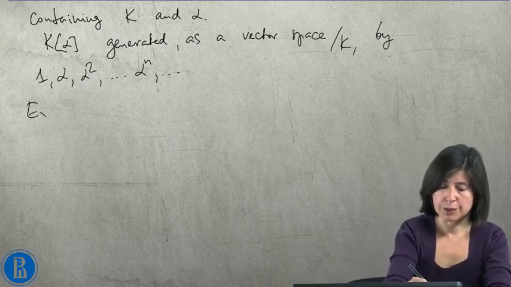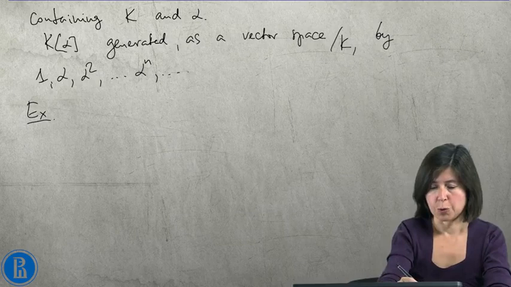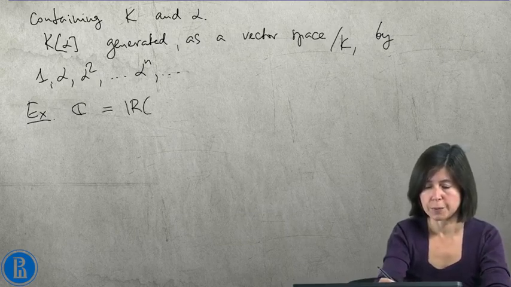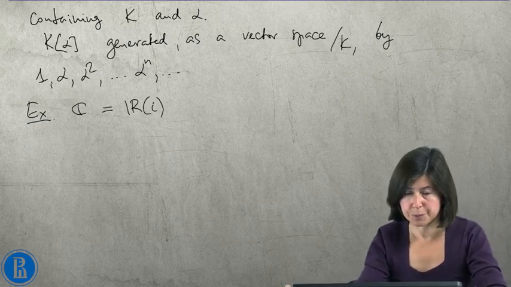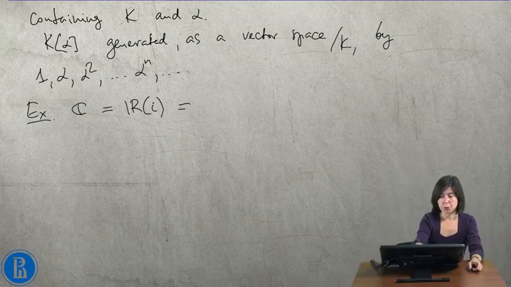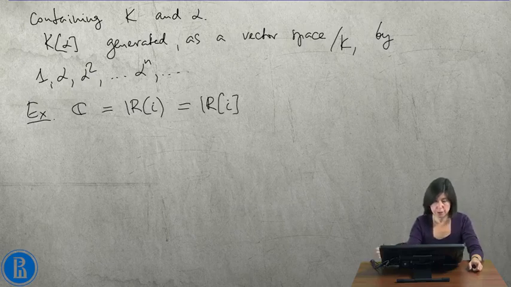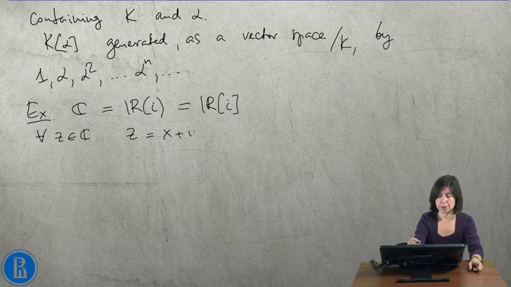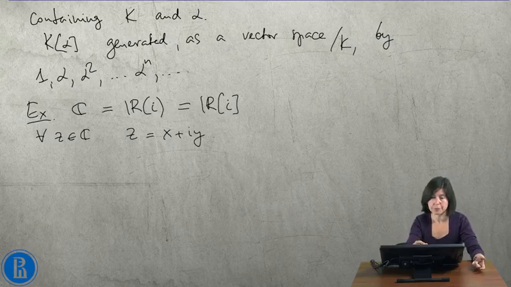So let me give you an example. Of course, C is equal to R of i as a field, but it is also equal to R of i as a ring, because any element of C is x plus i y, where x is a real part and y is the imaginary part.